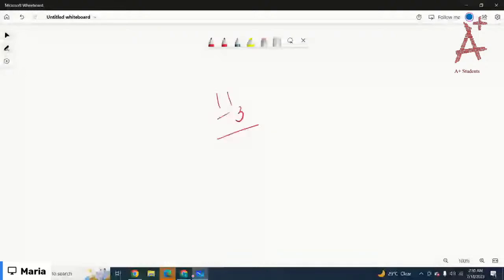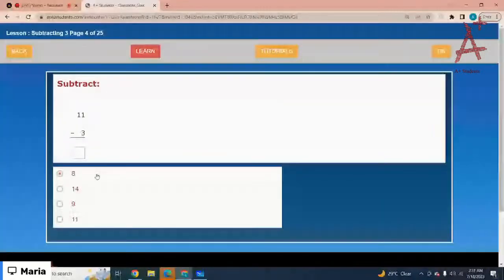So when you go back 3 numbers, the answer is 8. No one is writing answer in the chat box. Is it too difficult? You can just write down the answers in the chat box. 11 take away 3 is 8. So the correct option is 8.